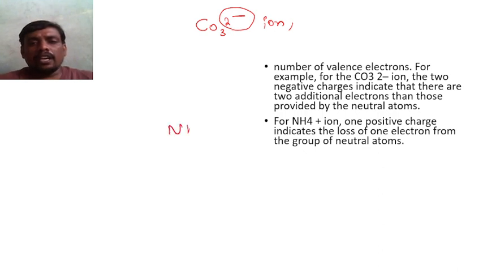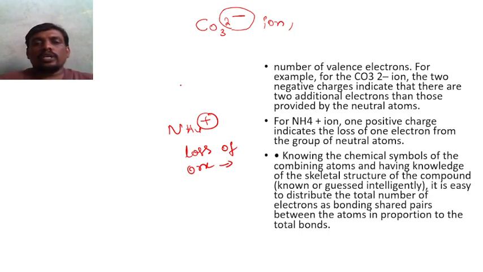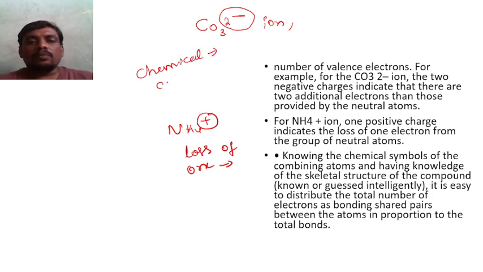Whereas if you take the NH4 plus ion, one positive charge indicates a loss of one electron from the group of neutral atoms. Knowing the chemical symbols of the combining atoms and having knowledge of the skeletal structure of the compound, which can be guessed intelligently, it is easy to distribute the total number of electrons as bonding shared pairs between the atoms in proportion to the total bonds.